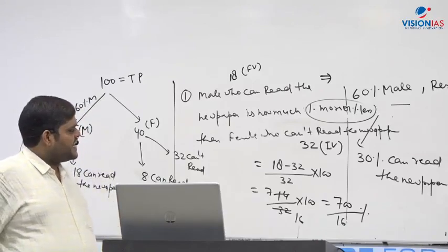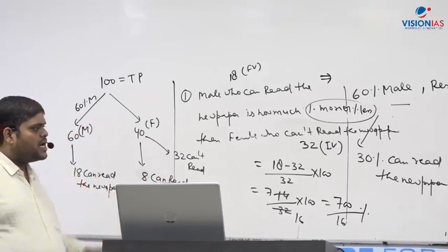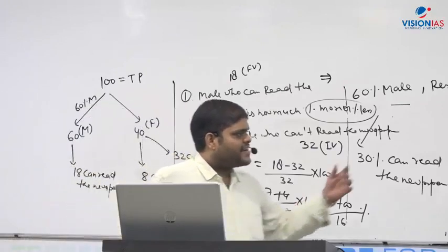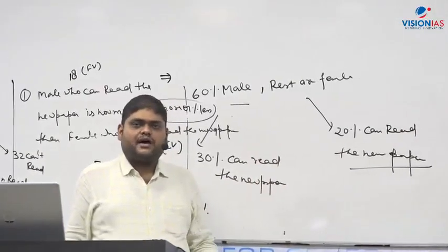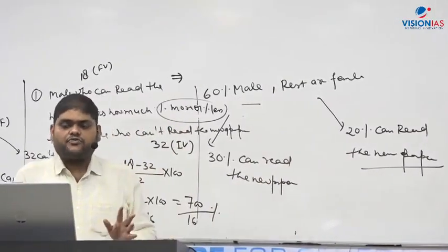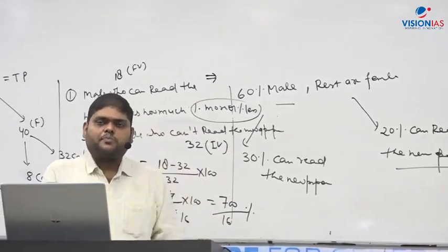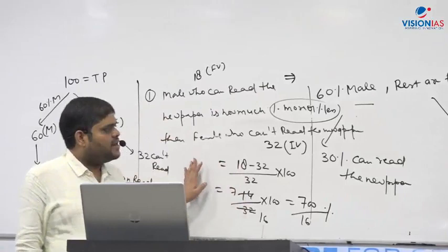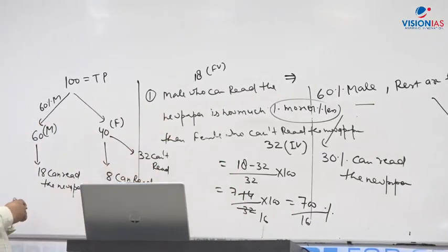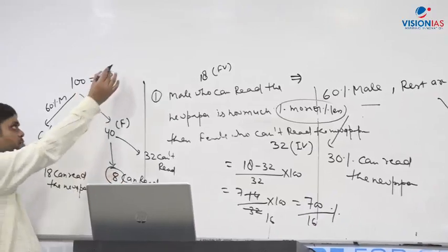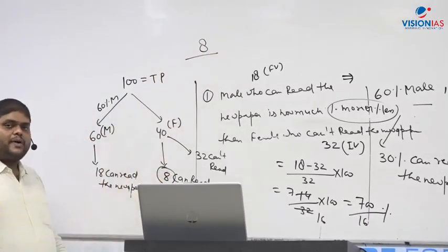Now they can ask anything and you can answer. Suppose they ask: the female who can read the newspaper is what percent of the male who cannot read the newspaper? The female who can read is 8.